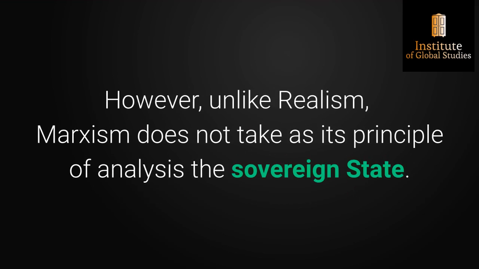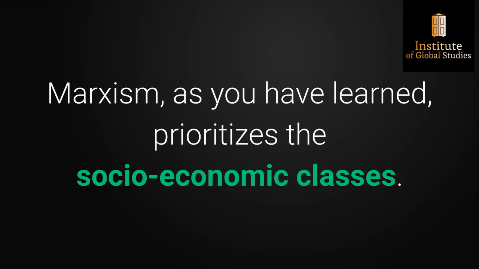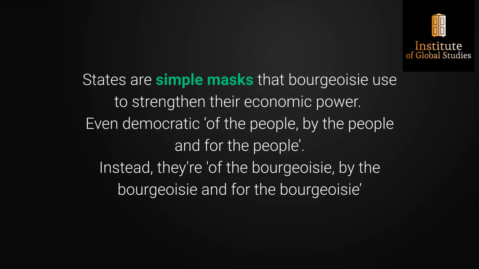However, unlike realism, Marxism does not take as its principle of analysis the sovereign state. Marxism, as you have learned, prioritizes the socio-economic classes. States are simple masks that bourgeoisie use to strengthen their economic power. Even democratic states, instead of being of the people, by the people and for the people, are of the bourgeoisie, by the bourgeoisie and for the bourgeoisie.